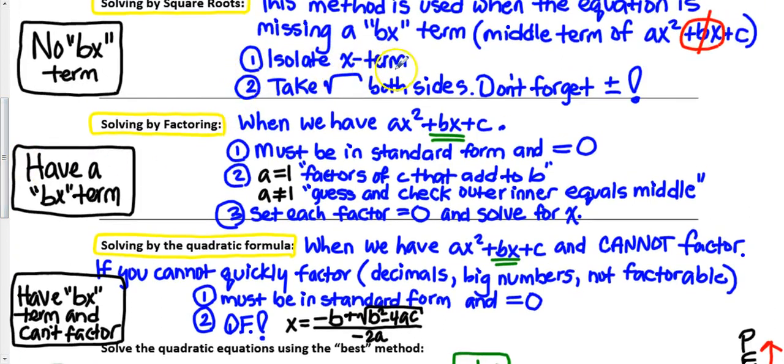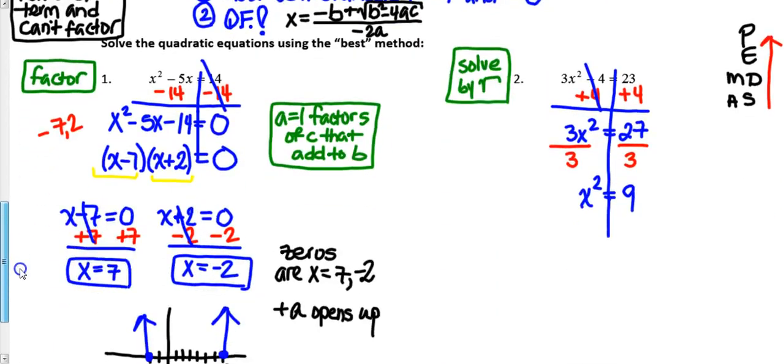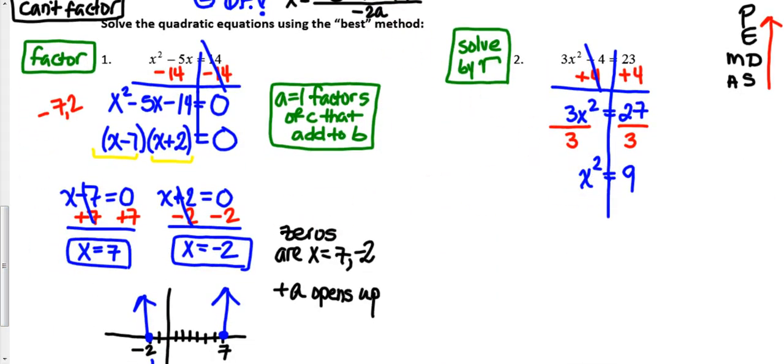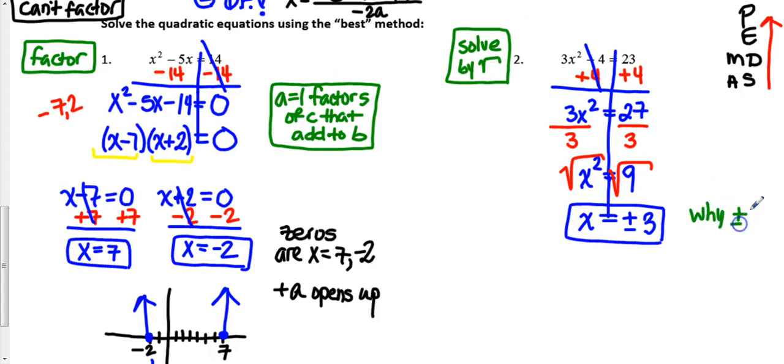So once we have isolated the x term, we are going to take the square root of both sides, and don't forget plus minus. The inverse operation of squaring is square rooting. I will take the square root of both sides, and I get 2 answers, positive and -3. As a quick reminder as to why the plus minus, it's because 3 squared is 9, and -3 squared is also 9.